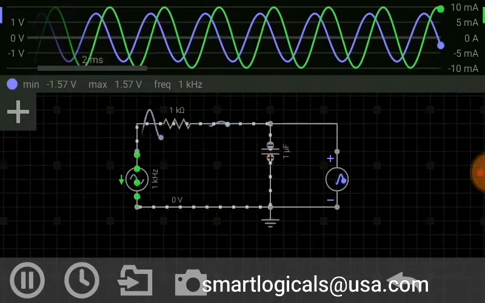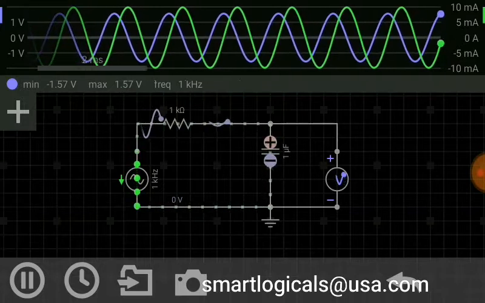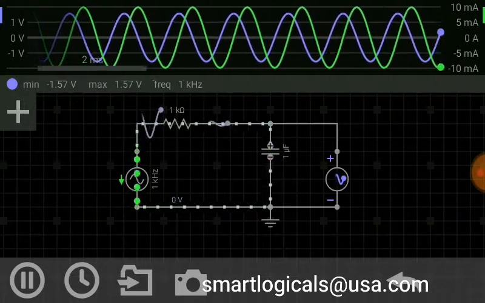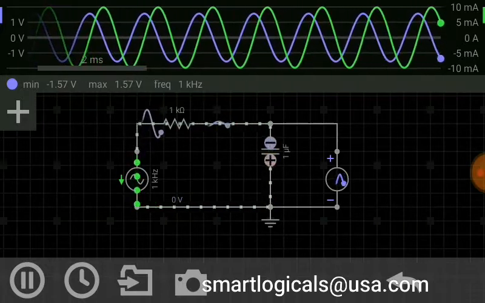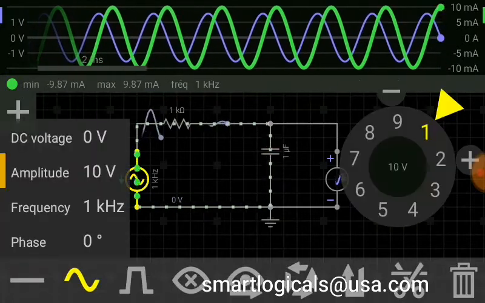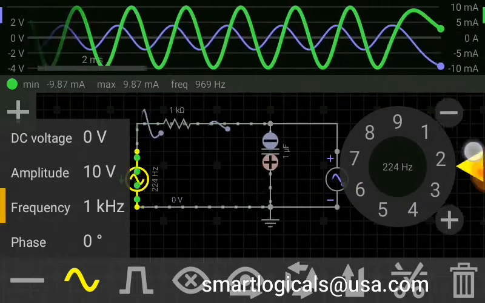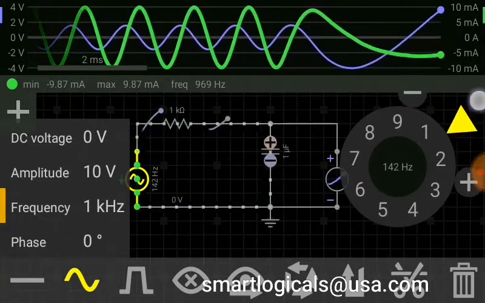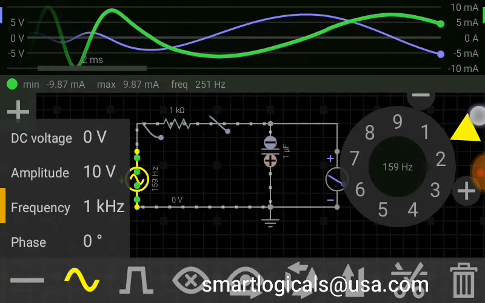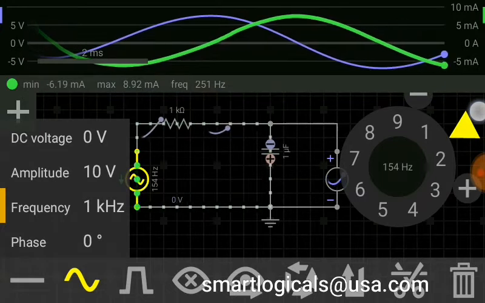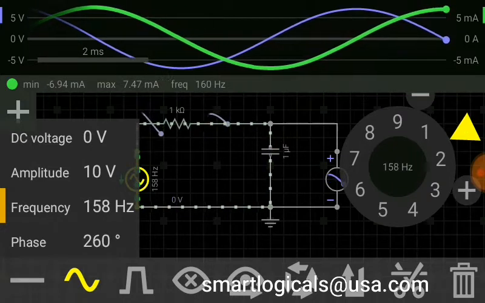1 by 2 pi RC, where RC is 1 millisecond. So 1 by 2 pi into 1 millisecond is approximately 159 Hz. So whenever we apply a 159 Hz frequency, the output will be 70.7% of the applied input amplitude.